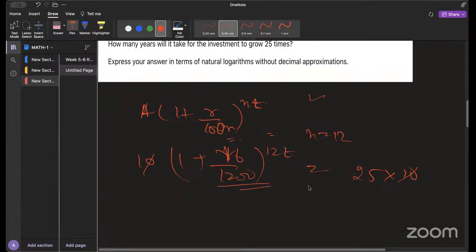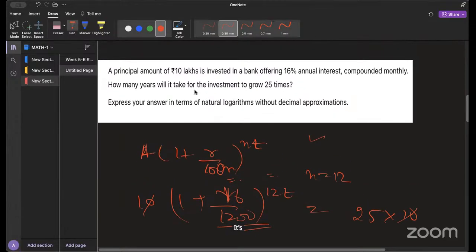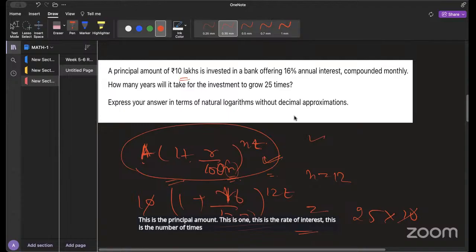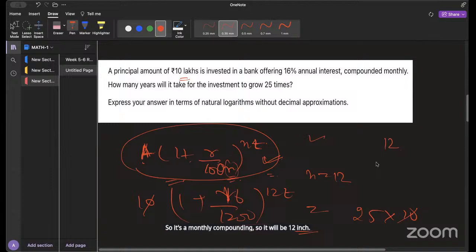Ma'am, can you repeat? This one, this is the principal amount A. Are you clear with this formula? Because if you know this formula, it's an extremely simple question. This is the principal amount. This is 1, this is the rate of interest, this is the number of times you do compounding in a year. It's monthly compounding, so it will be 12. Every month the money compounds, right?